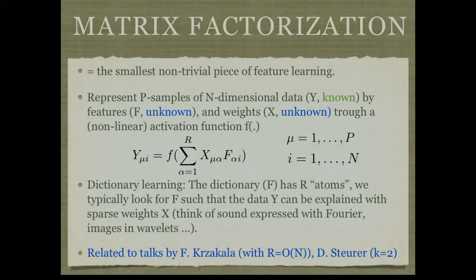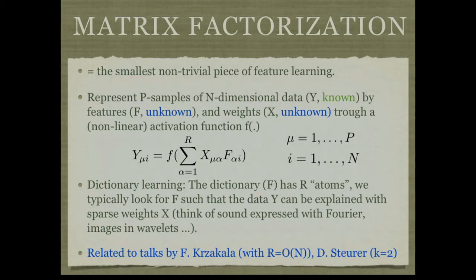But here you're not thinking about some real data. We will be working in this planted case where everything is just random bits. And this problem is related to two talks that we had earlier this week. The one by Florent Krzakala, who talked about low-rank matrix factorization. This would also be matrix factorization, but the rank that I will be treating here will be big, whereas in his talk it was constant.